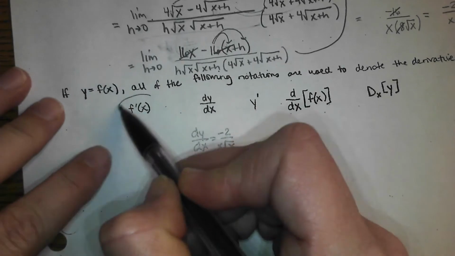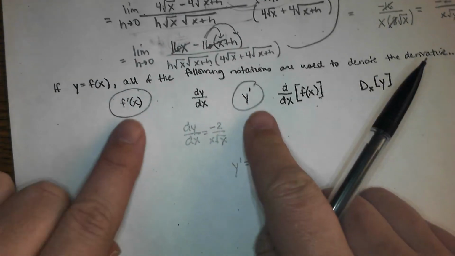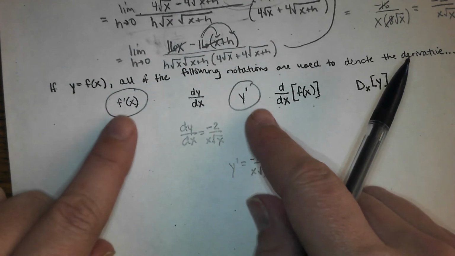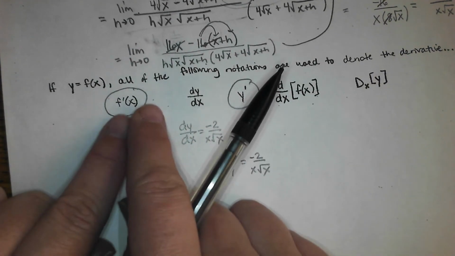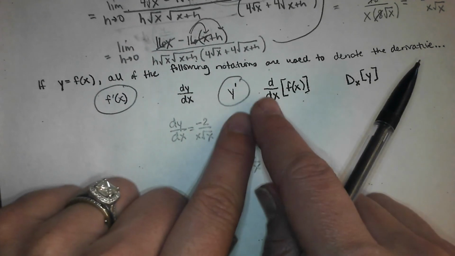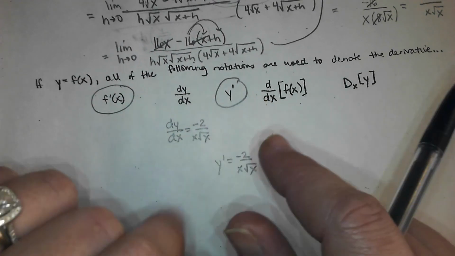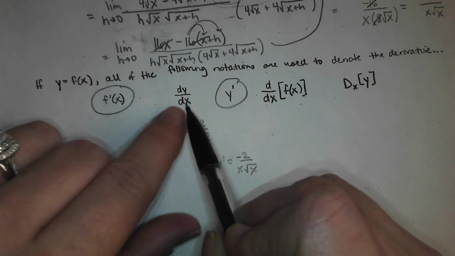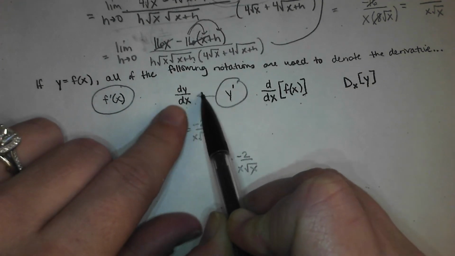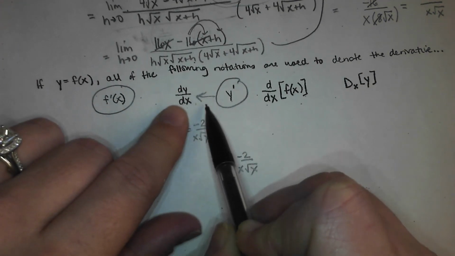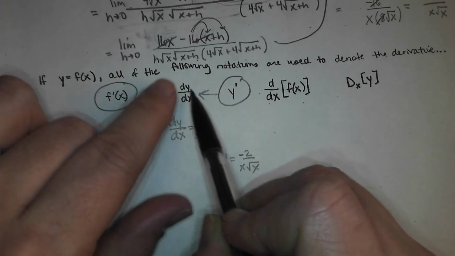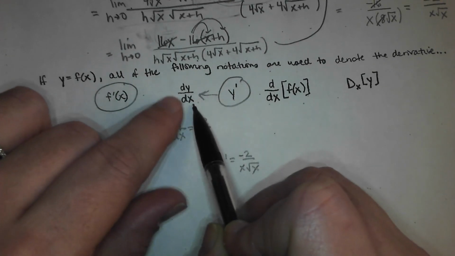So this and this are the same, pretty much. If it's f of x equals, then f prime is the most concise way of writing it. If it's y equals, then y prime is the most concise way of writing it. But this other way, dy dx, is an equivalent. If it's y equals, rather than writing y prime, they might write dy dx.